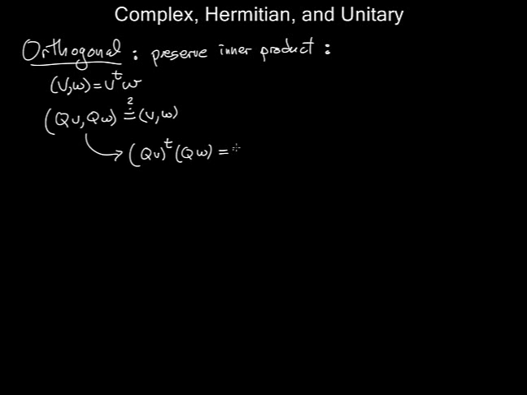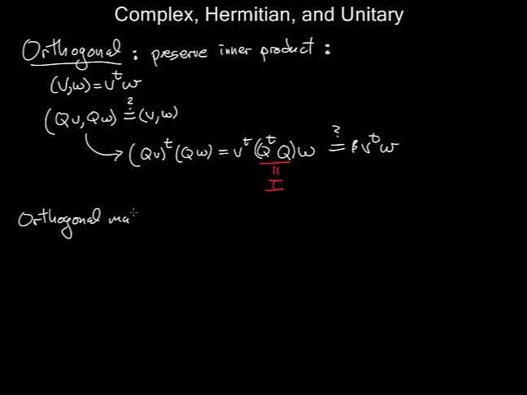And I'm writing out the condition here. QV transpose QW is equal to V transpose QW. And I'm asking that that be equal to V transpose W. Well, the only way that can be true for all V and W is if Q transpose Q is equal to I. So that is the definition of an orthogonal matrix.